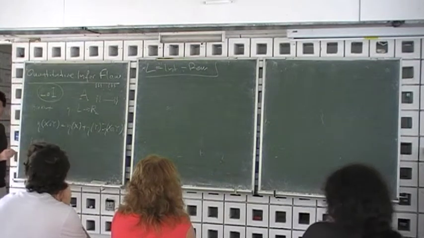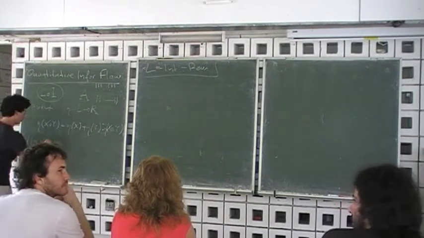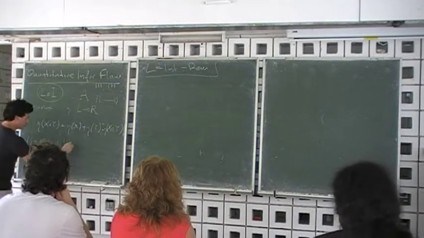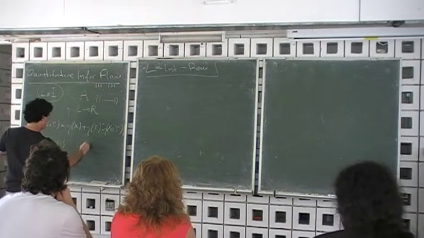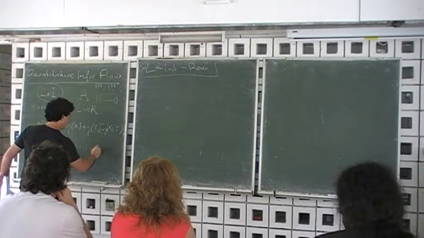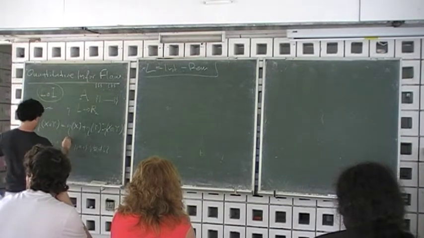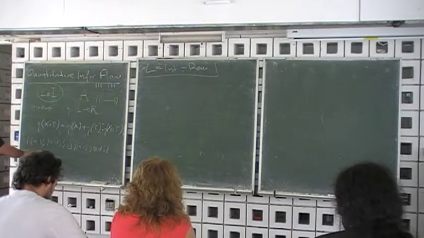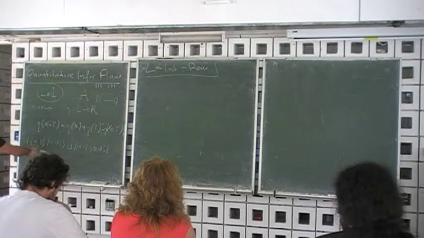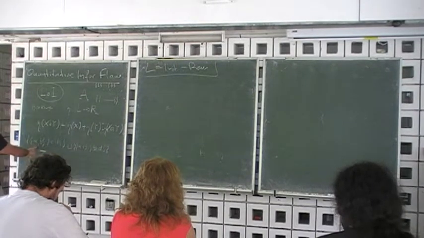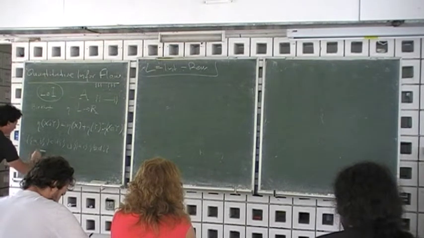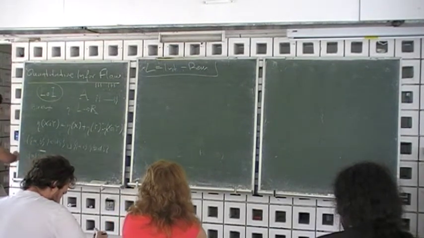Yes, the intersection. So if you want to take the join of this, we take the intersection of all these blocks. So you take this, intersect this, and there you have A and then B, and then C.